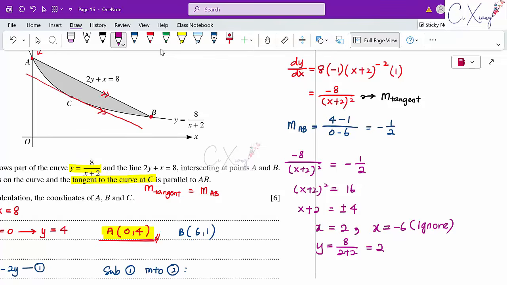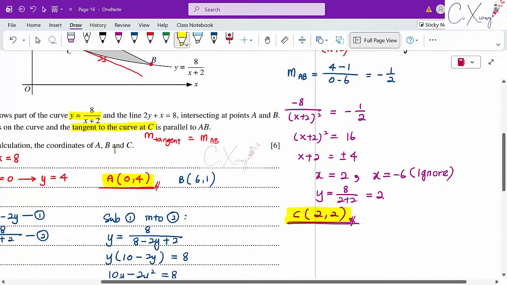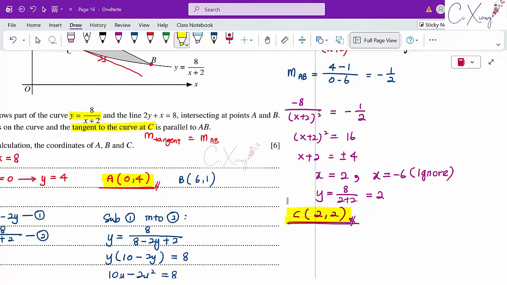Therefore, C has the coordinate (2, 2). And this is how we solve question 11 part A: find out the coordinates for A, B, and also C.